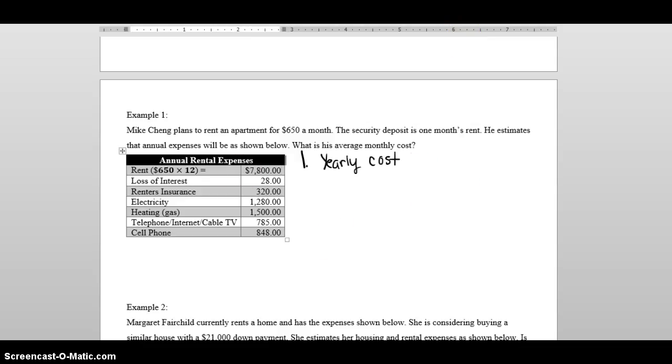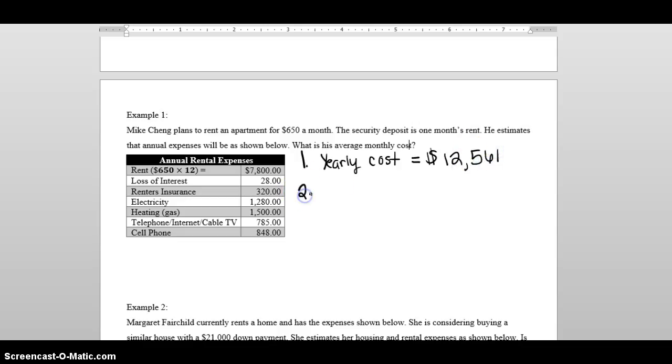Now, we can add our yearly cost. We're going to add all of these up, which will give us a yearly cost of $12,561.